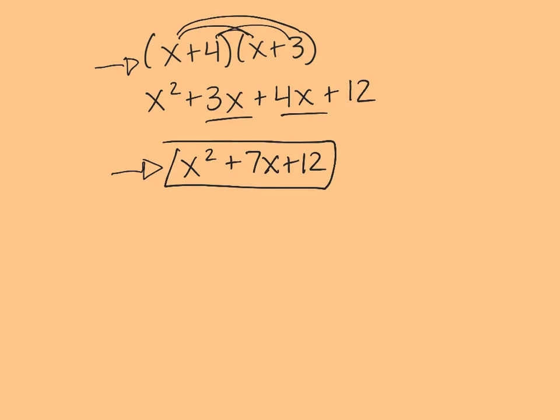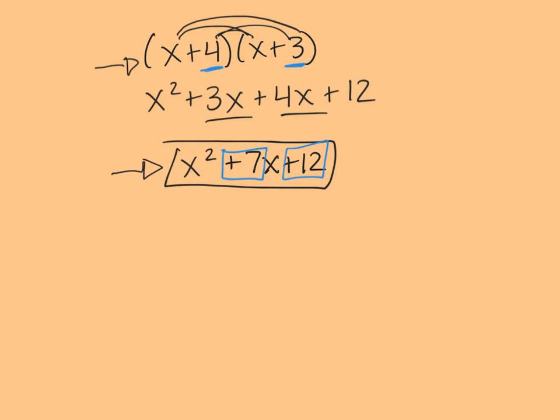In the original problem, we have a 4 and we have a 3. What do you notice about the relationship between this 4 and 3? And in our answer where we have the 7 and the 12, how are they connected? Hopefully you're thinking about the number puzzles we did the other day, where we took two numbers and we added them together to get one answer and we multiplied them together to get the other answer.